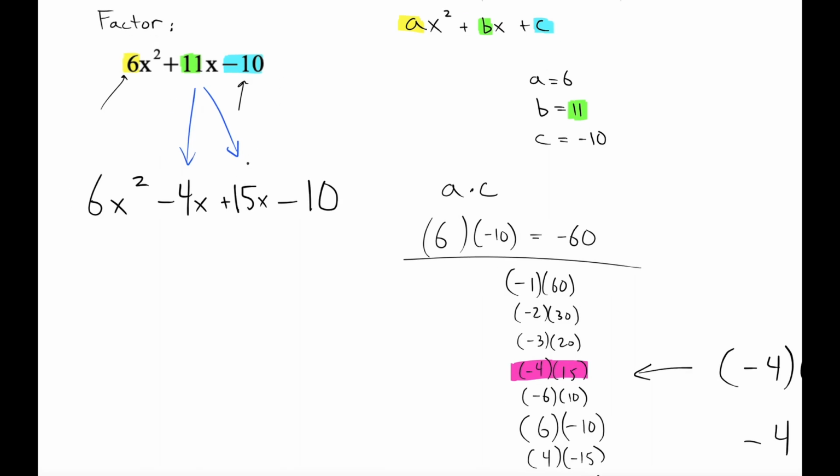All right, now that we have that, what we're supposed to do is group pairs of terms together by putting parentheses around them.